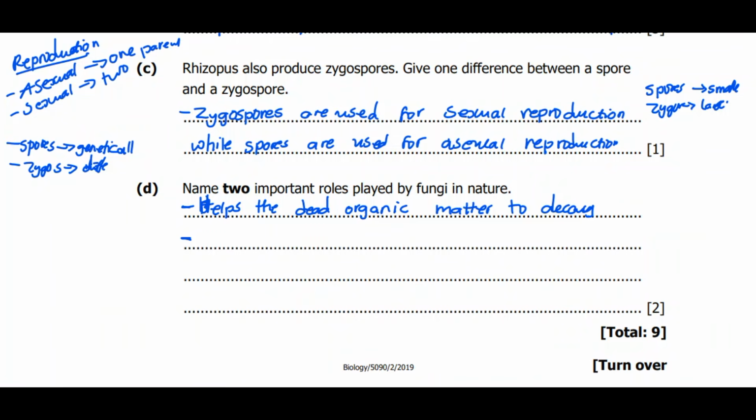Then because of the decay, like during the nitrogen and carbon cycle, some of these nutrients may be recycled. So the other importance is it helps to recycle the nutrients.